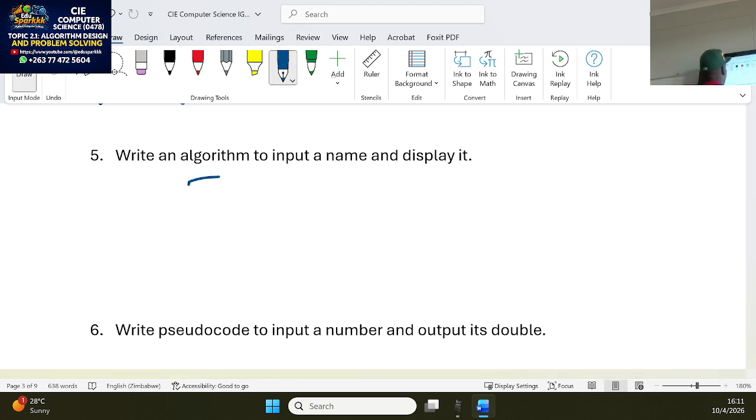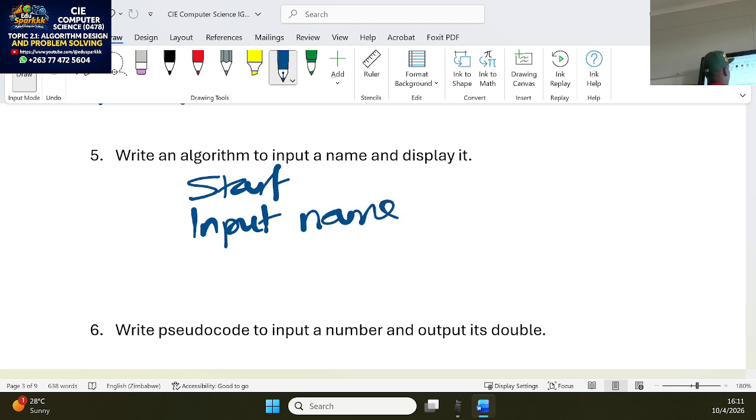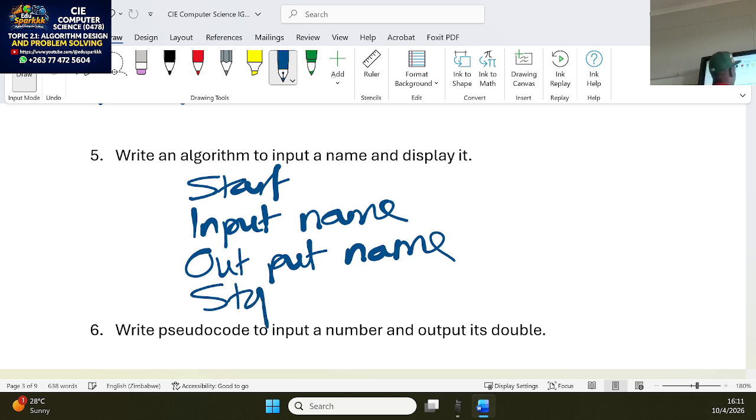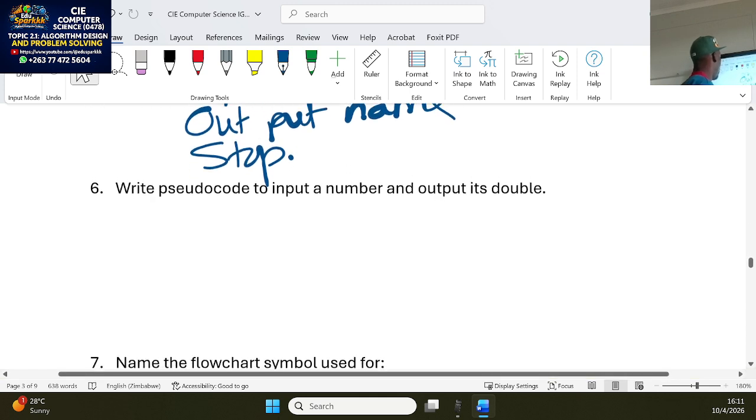Here we can start the process, input variable name and then output name. Then we stop the process. I'm sure this is the basic algorithm that we would need for receiving a name and displaying it.